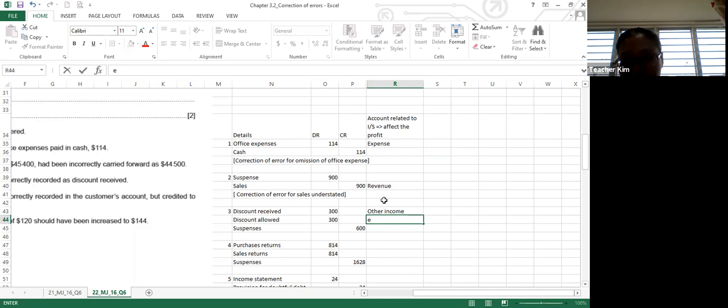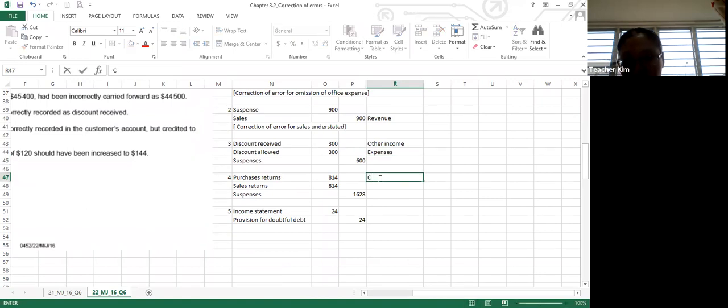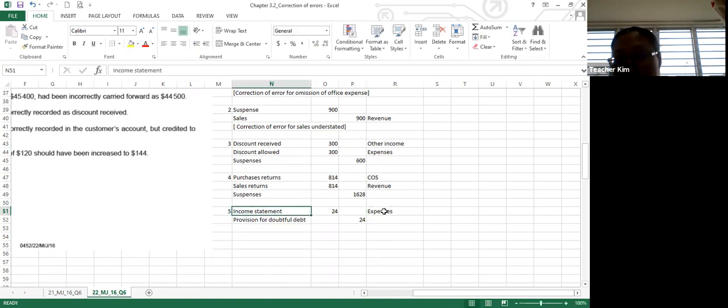This is expenses. And then this is under the cost of sales. Cost of sales. This is under the revenue. And then this one that we are looking at, okay, not this one. So this one is under expenses. In the income statement, an adjustment on the debit side is related to the expenses.